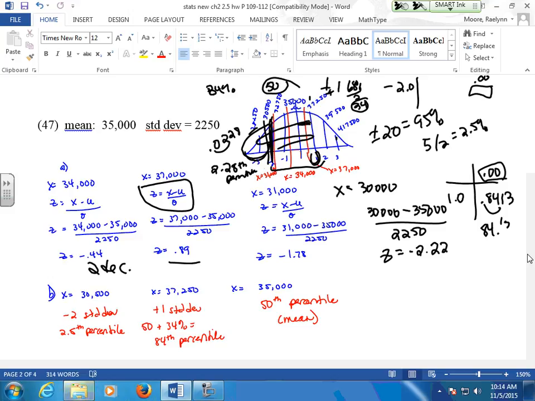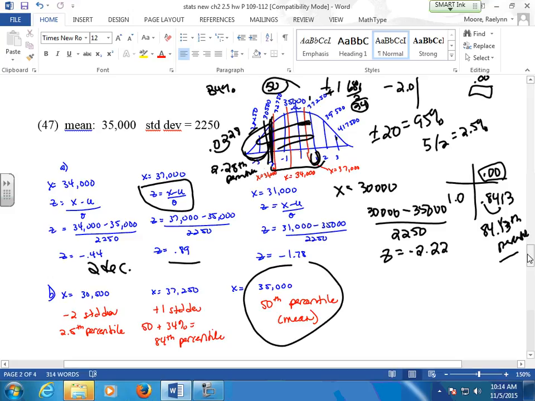So this is your percentile. It's a little bit more accurate than just your empirical rule, because your empirical rule says plus or minus 1 is 68%. It's really 68.2%. So just a little bit more accurate. This guy is right at your mean. Isn't your mean half of your data? 50% to the left, 50% to the right.